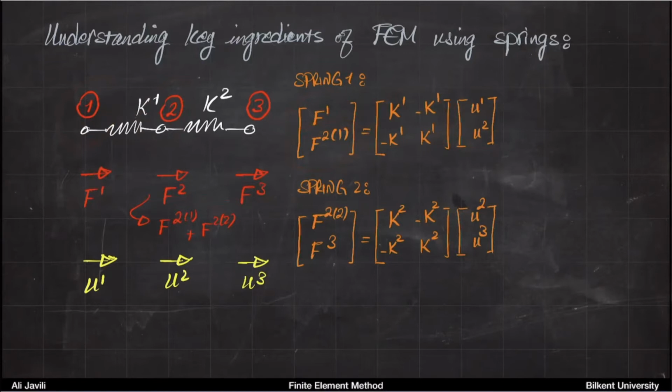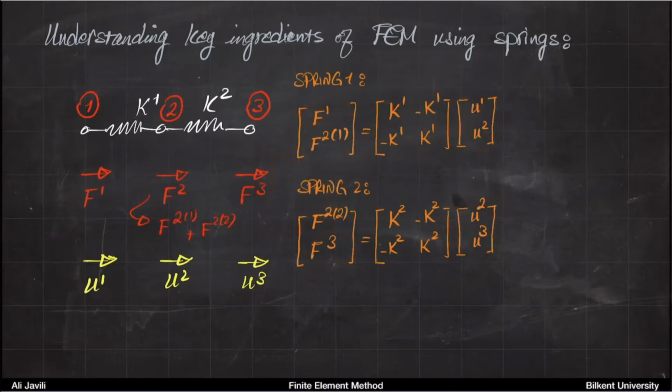Okay, so you can see this is slightly different from the previous one, because now here you have U1, U2, and here you have U2, U3. And then also for the forces, you have F1, and okay, these two Fs are on the same node, but then you have F3. So the stiffness of this system is not going to be 2 by 2, it's going to be 3 by 3, because you have 3 points or 3 nodes.